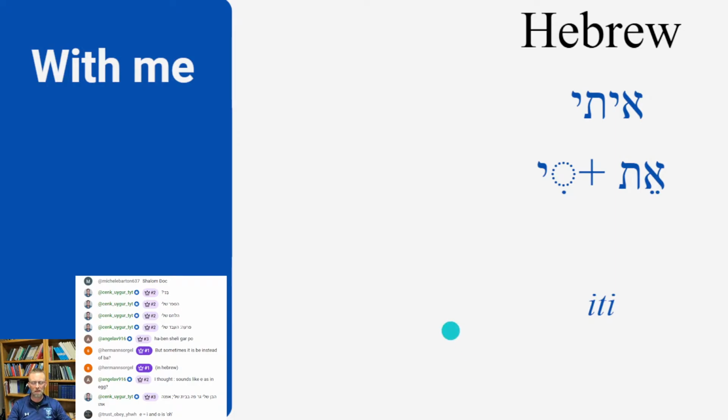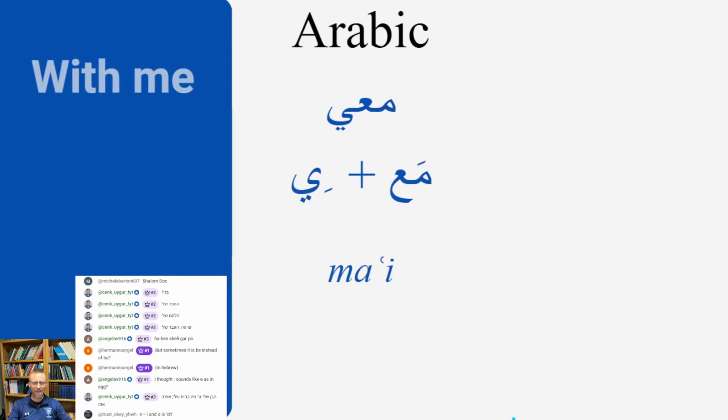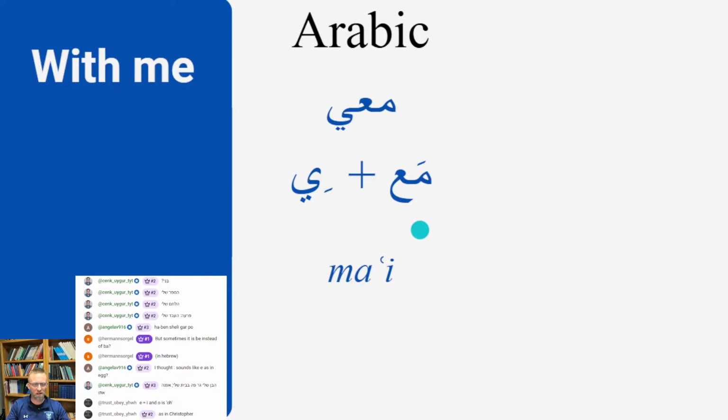Yeah. So anyways, this word here, with me, iti, it involves the preposition et, plus the suffix e, but it becomes iti. Iti is how we're going to say it. With me, iti. Okay. In Arabic, the same kind of thing happens. It's just a different preposition. The word is ma, and this letter here, ain or ayin, is a guttural.